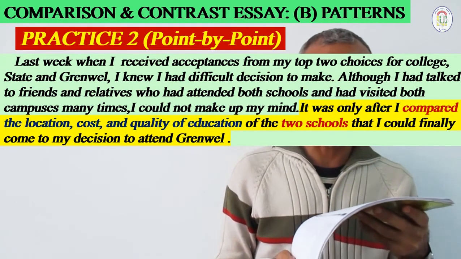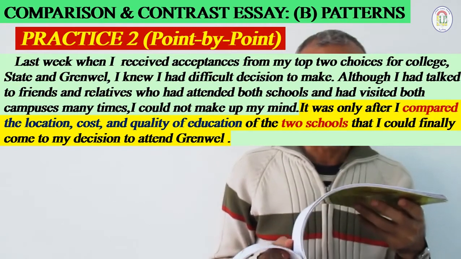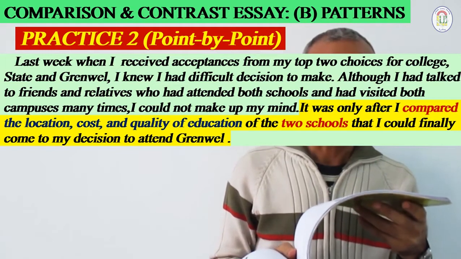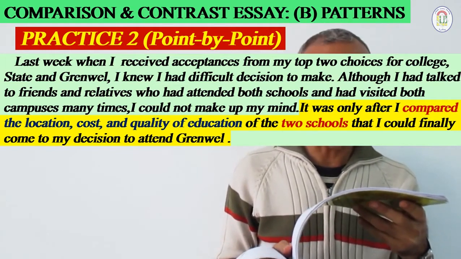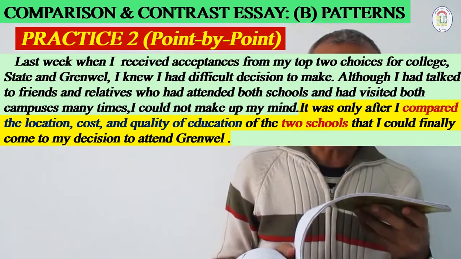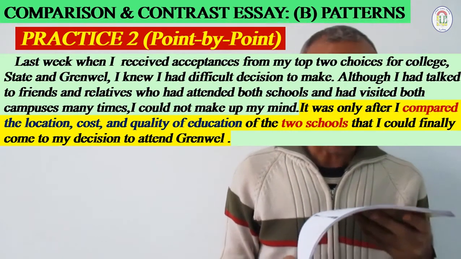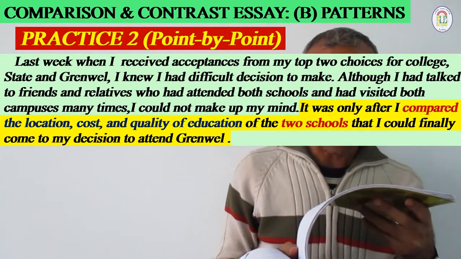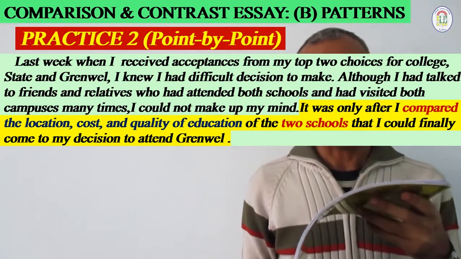Although I had talked to friends and relatives who had attended both schools and had visited both campuses many times, I couldn't make up my mind. It was only after I compared the location, cost, and quality of education of the 2 schools that I could finally come to my decision to attend Greenwell.